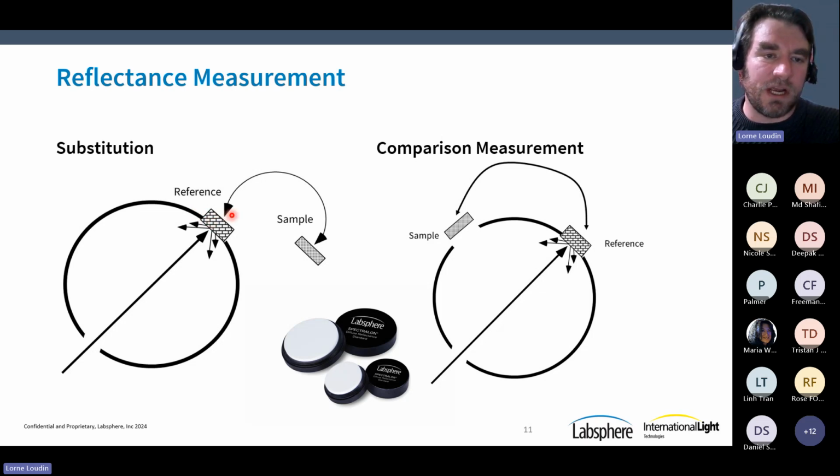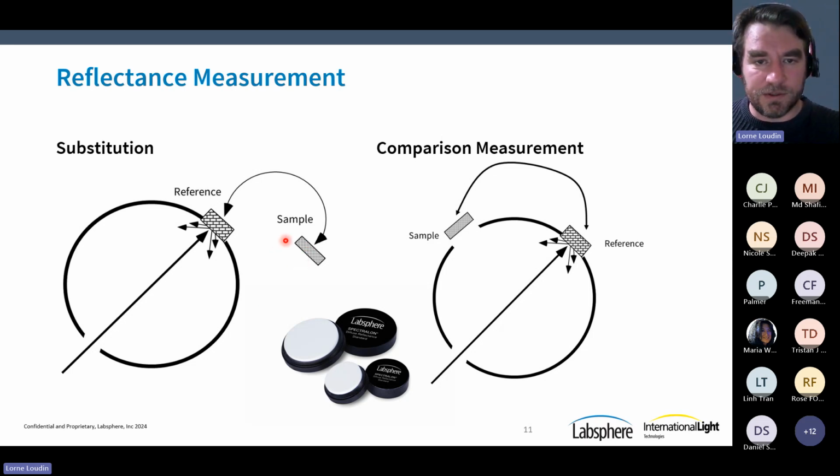And so, sometimes people match their reference material to the sample. If you're measuring samples around 50%, you can use a 50% characterization or something like that. Most often people are using 99% materials as their reference.